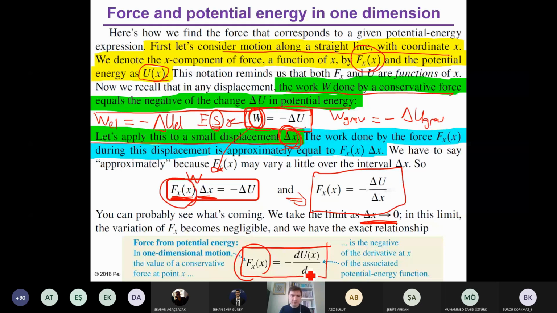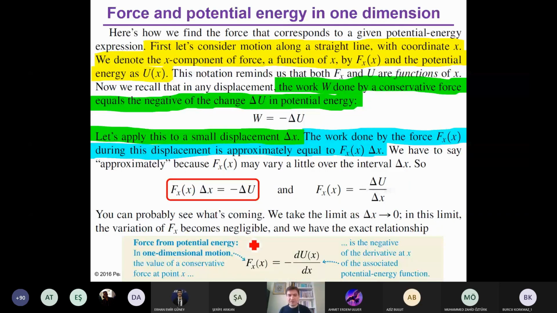So this is the force from potential energy in one-dimensional motion, only along the x, okay? So if you know the potential energy, and if you take the derivative of this potential energy, then you can get the force.